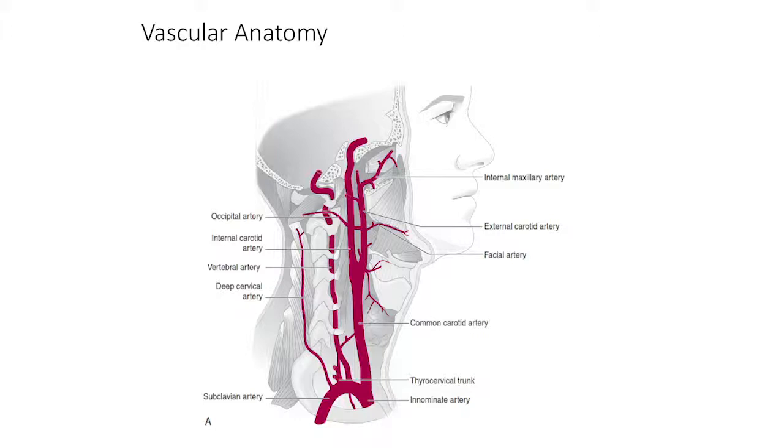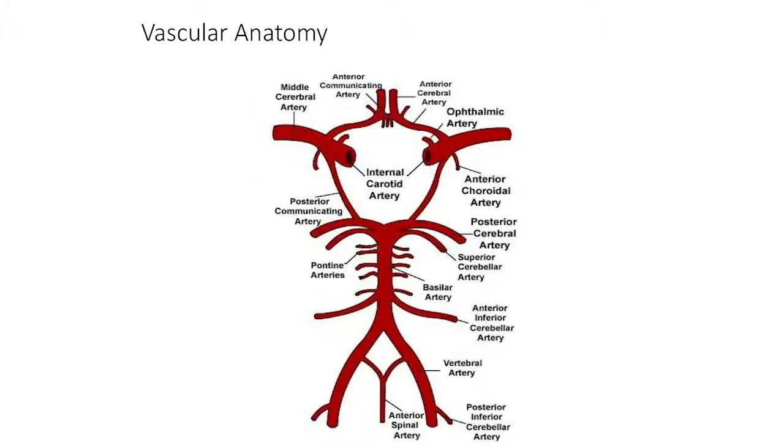So the circle of Willis at the base of the brain: you have the two vertebral arteries joining to form the basilar artery, and the basilar artery gives, just at the base, the anterior inferior cerebellar artery, and then at the bifurcation of the basilar artery comes the posterior cerebral artery, and then this joins via the posterior communicating artery.